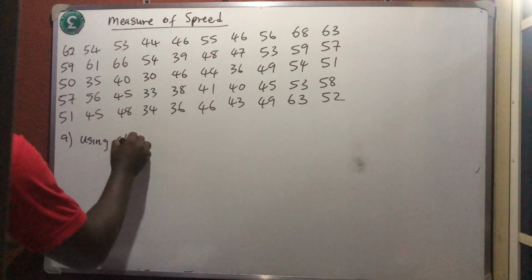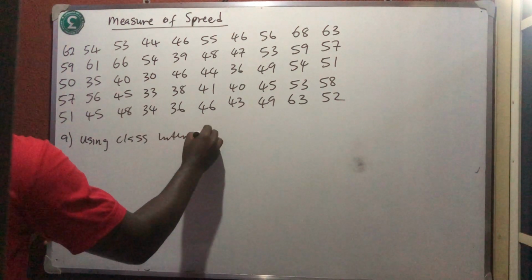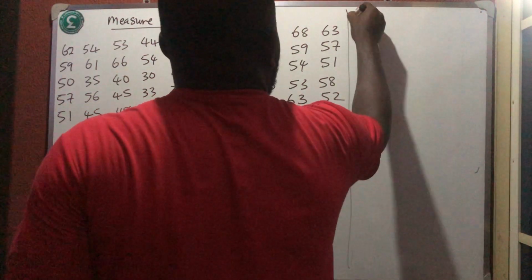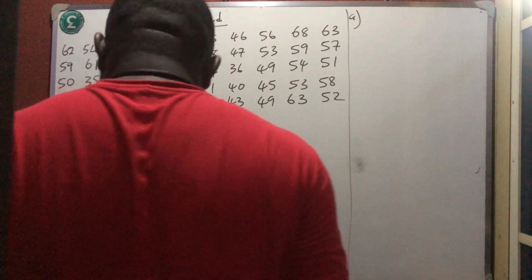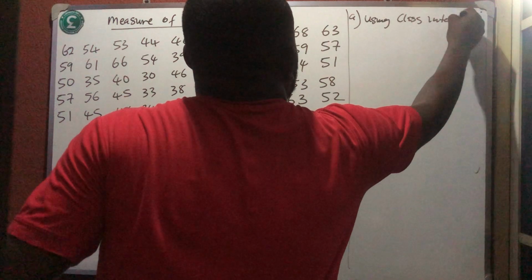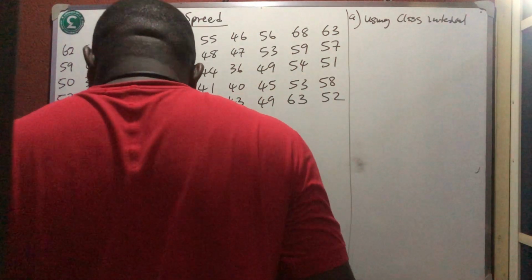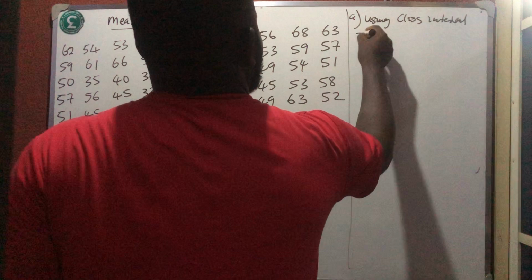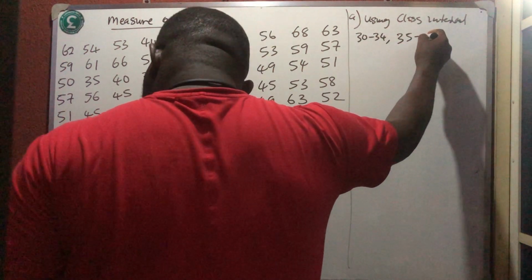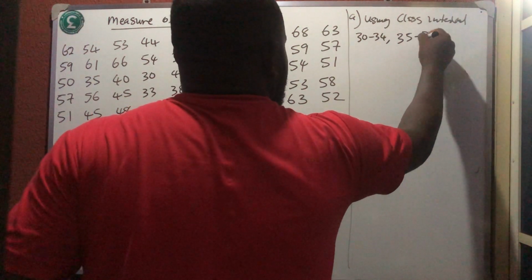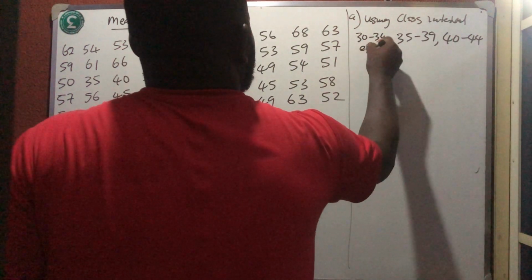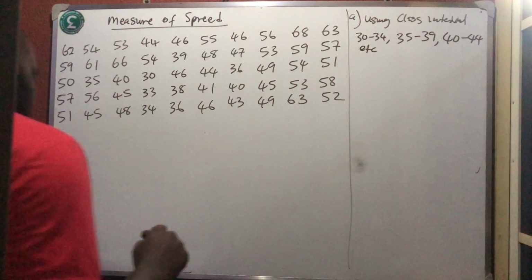Okay, so with this data they gave, the question said we should use class intervals. Let me write the question so I can use it for my table. A question said using class intervals of 30 to 34, 35 to 39, 40 to 44, etc., to construct your frequency distribution table.